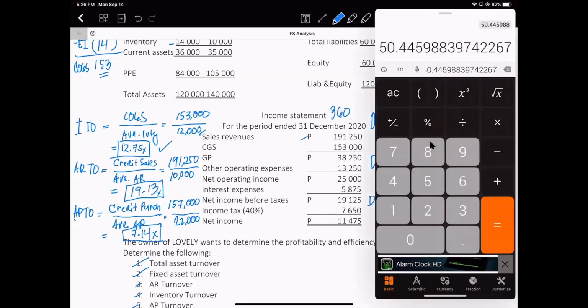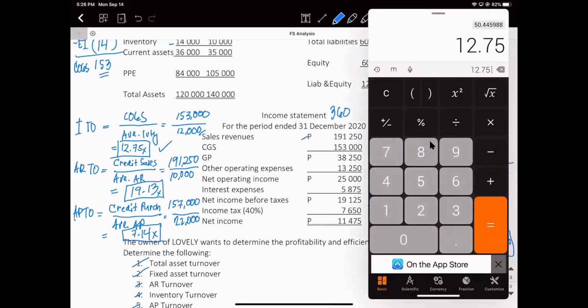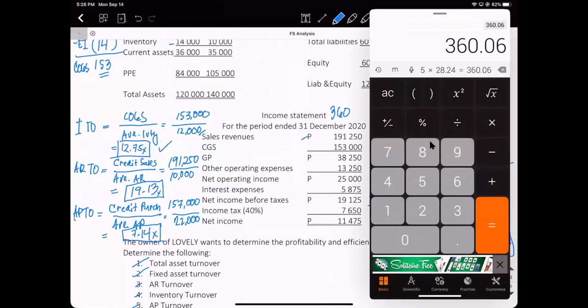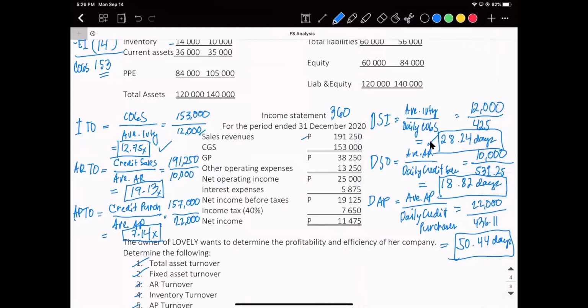Ilang beses natin binenta yung inventories? 12.75 times. Ilang araw ang tinatagal bago natin mabenta yung inventories? Sabi dito, 28.24. So roughly 360. Same din yan of course dun sa ARTO, DSO, APTO, and days in accounts payable.